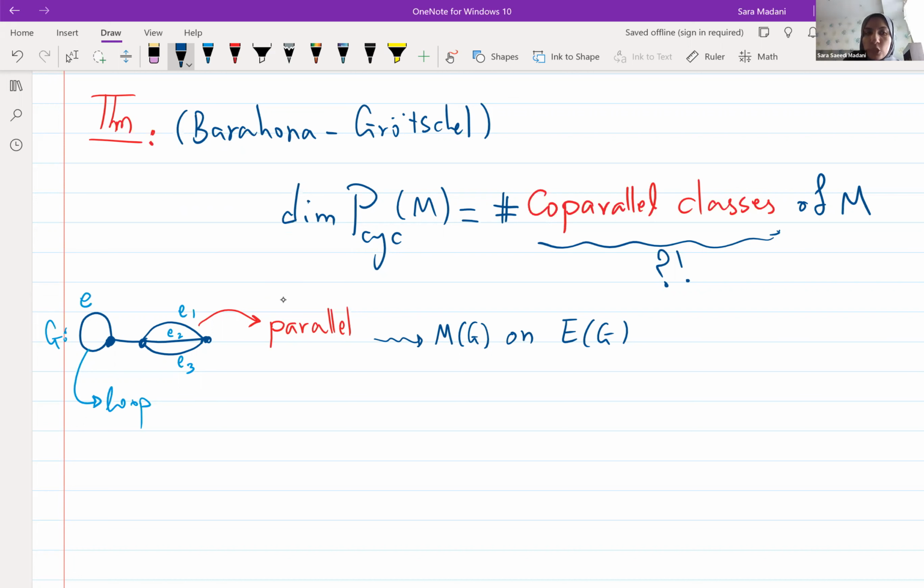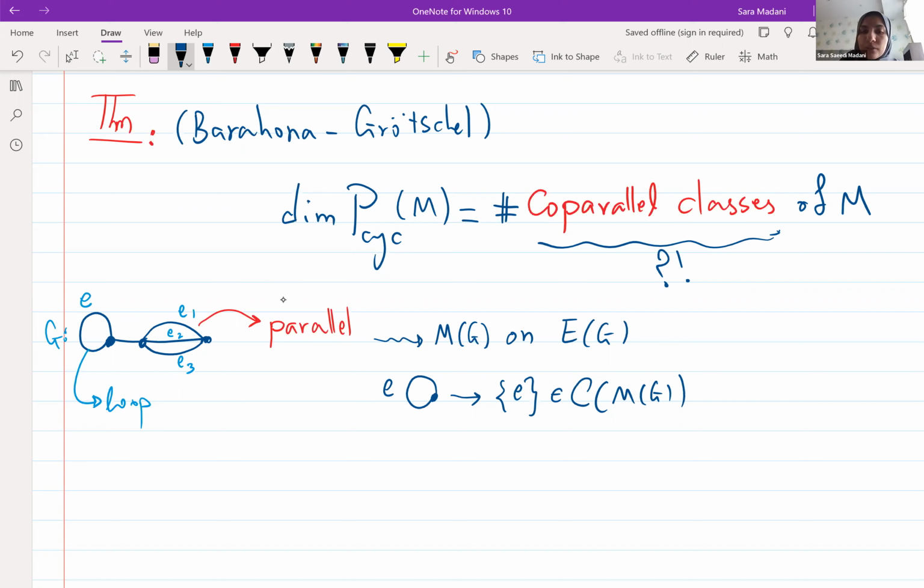If I look at this loop E, you remember, hopefully from yesterday, that circuits of the graphic matroid are exactly the same as cycles of my graph. And this E is a cycle of length 1. So it is a circuit of my matroid of cardinality 1. And it is indeed called a loop in the graphic matroid too.